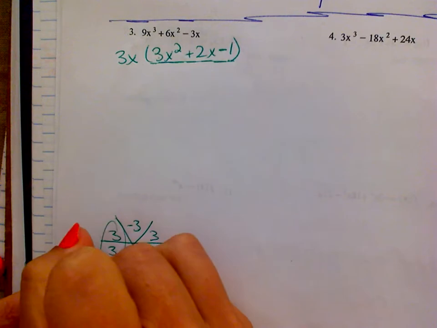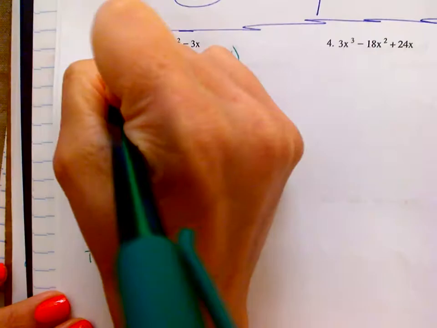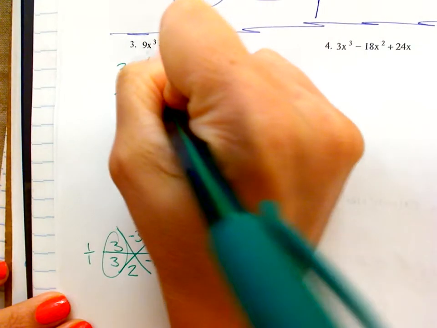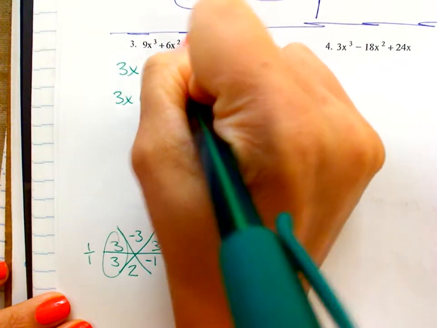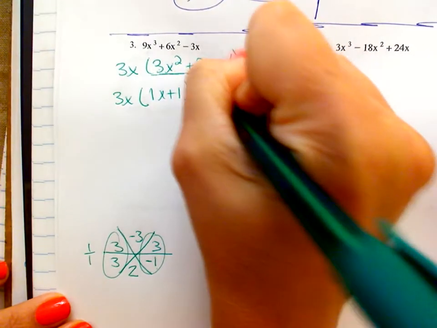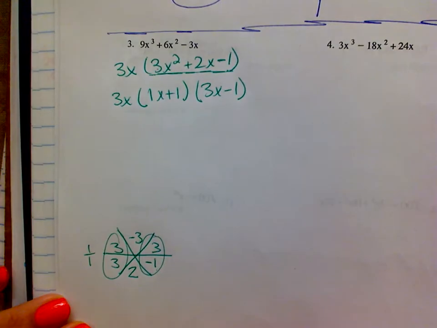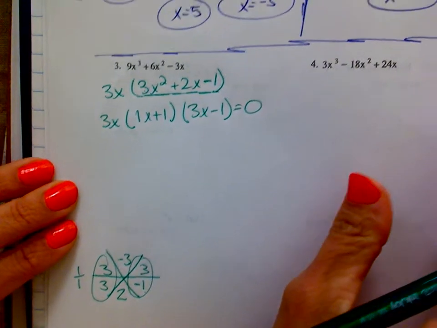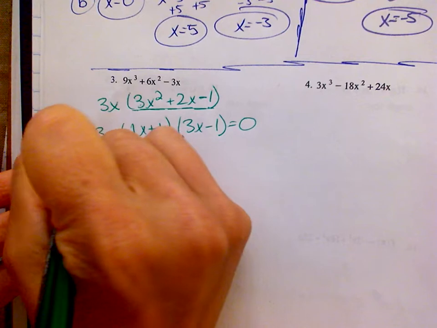3 over 3 reduces to 1 over 1. So up top, that gives me 1x plus 1. Over here, 3 over negative 1 does not reduce. That gives me 3x minus 1. Once you've factored, you can set it equal to 0 since you're finding the x-intercepts.